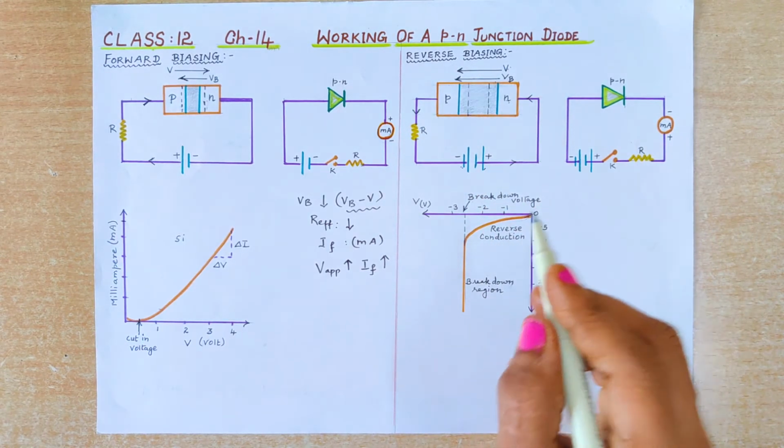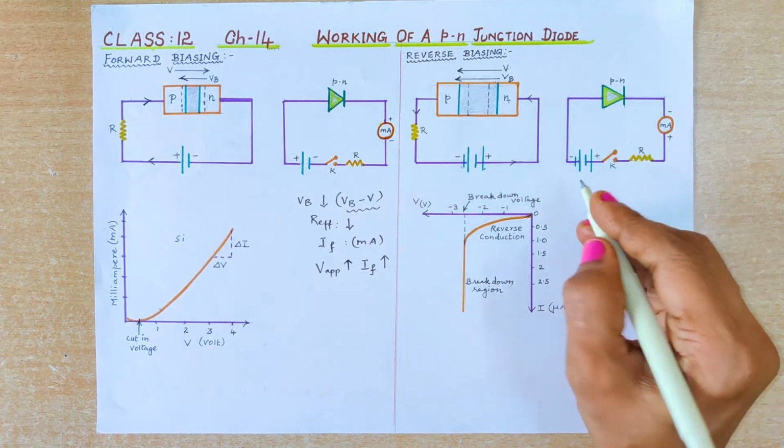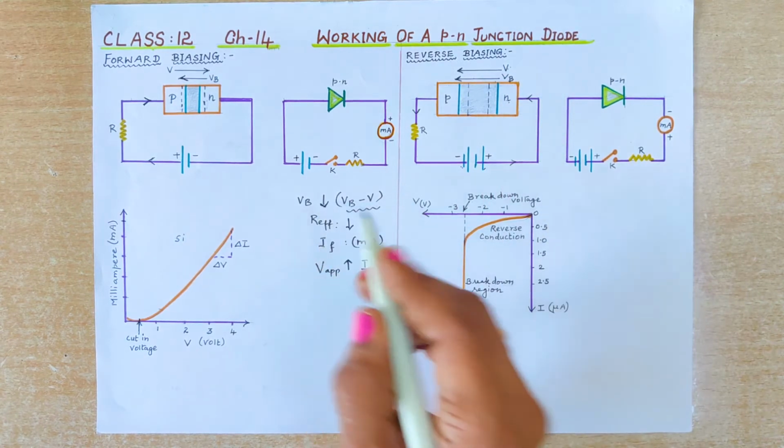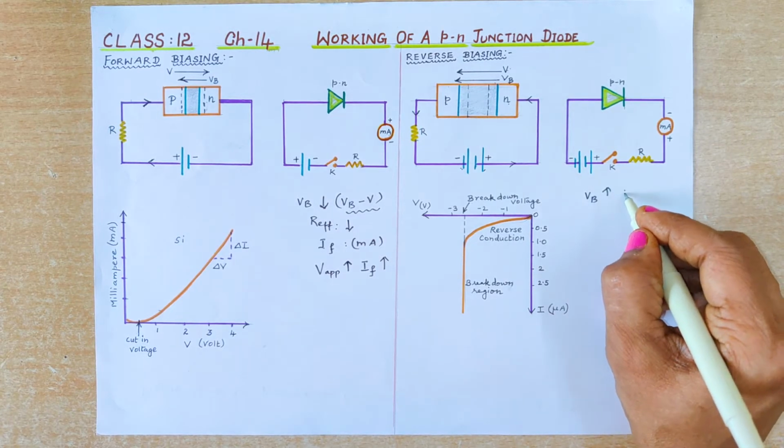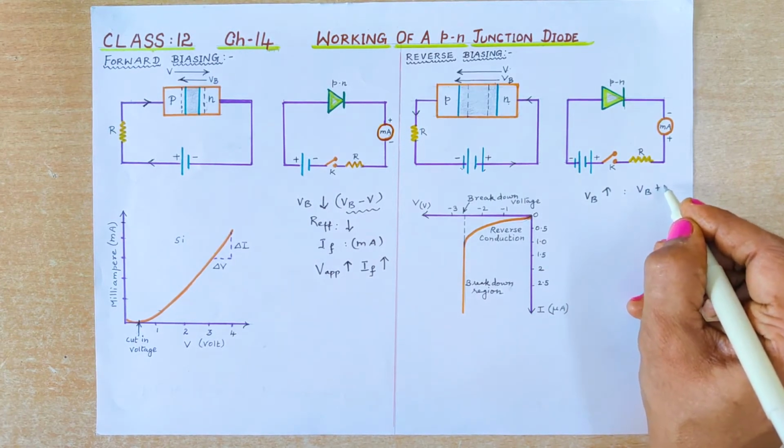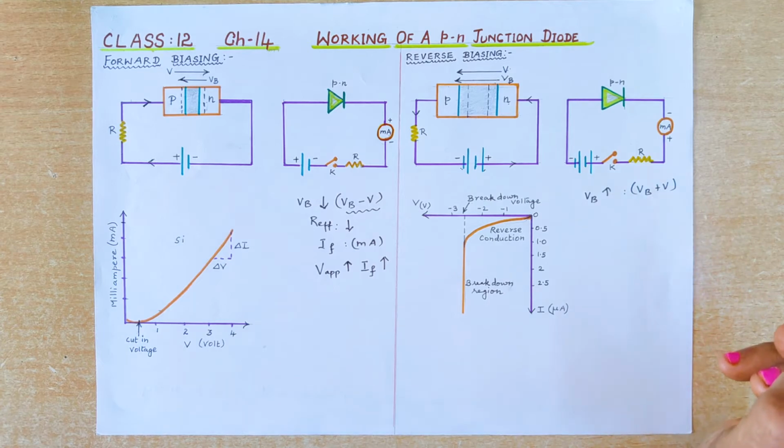Here we have discussed that VB decreased by some amount in forward bias, but here VB increases. Why? Because it is in the same direction as the applied voltage.